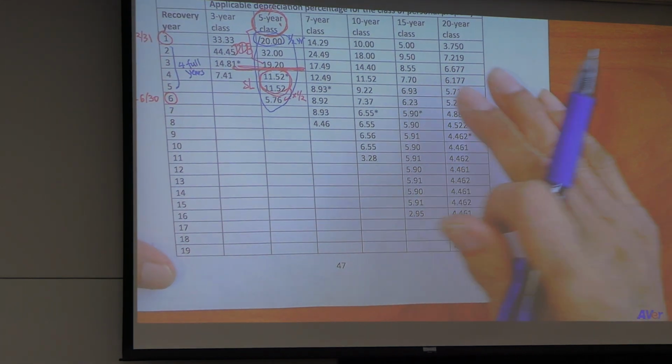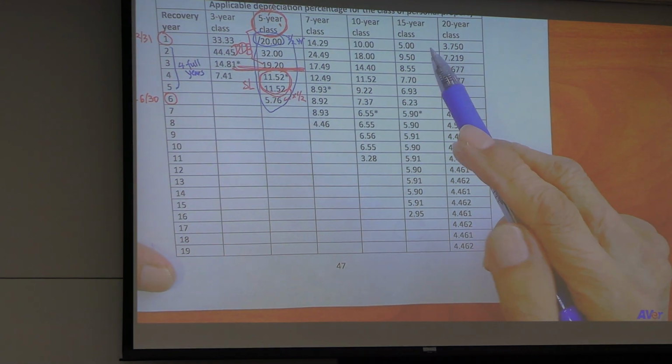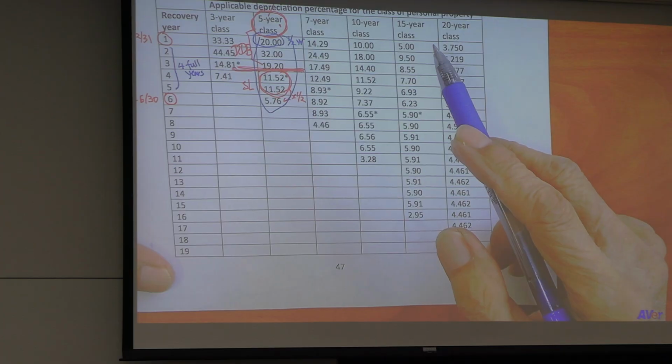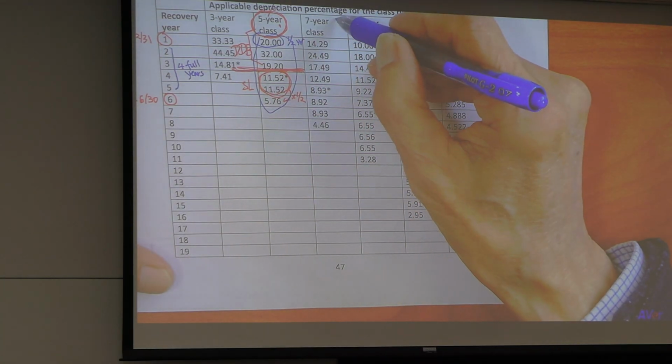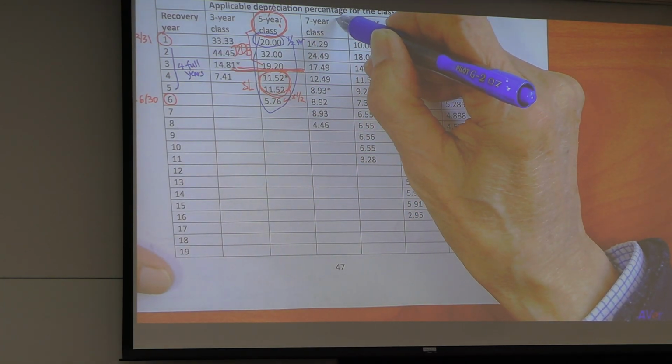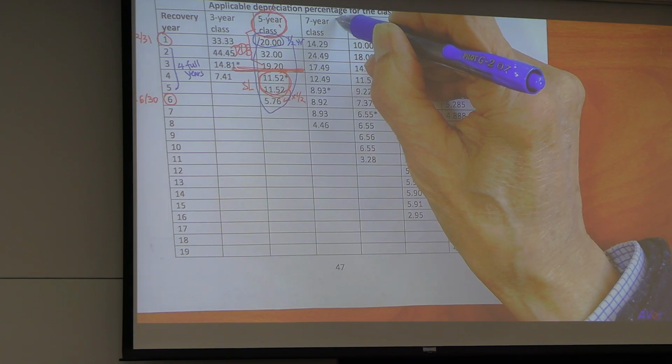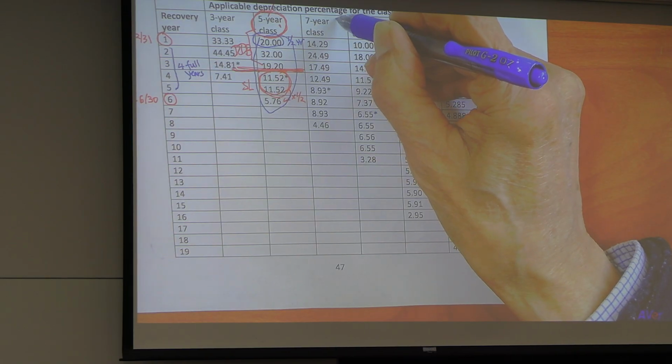Look at page 47. Seven-year property class. That is for your 2 projects, process equipment.